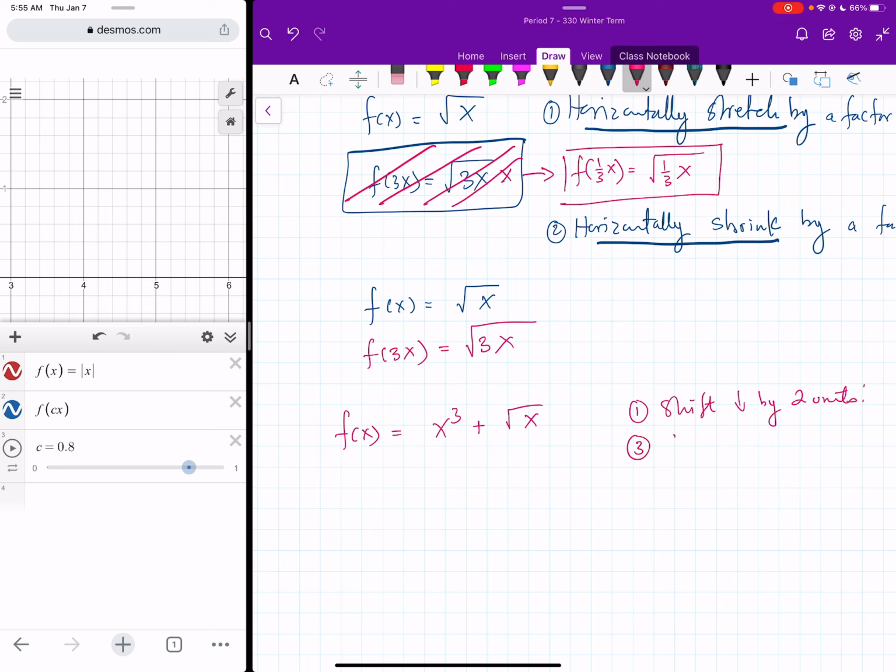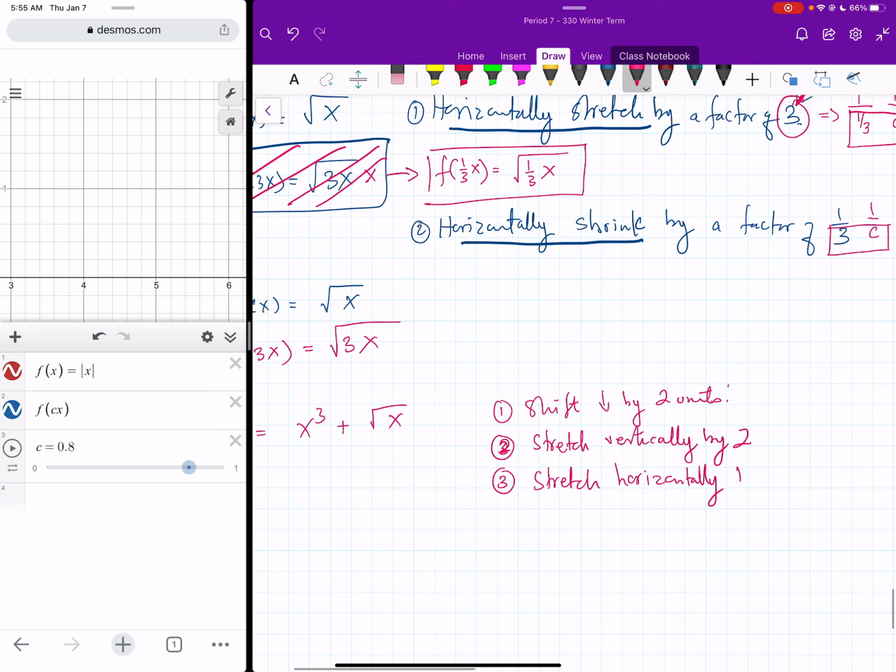Step 2: stretch vertically by 2. And step 3: stretch horizontally by 5.